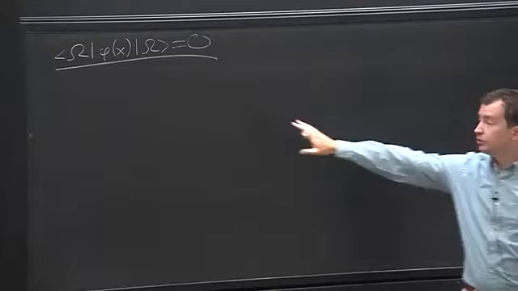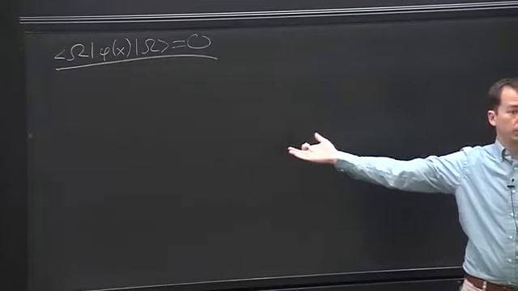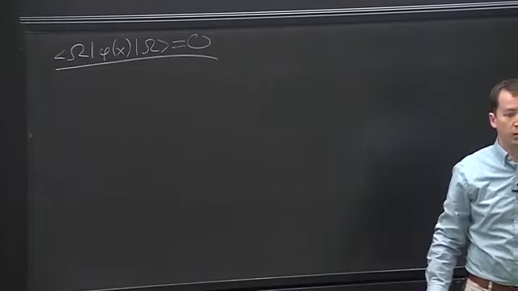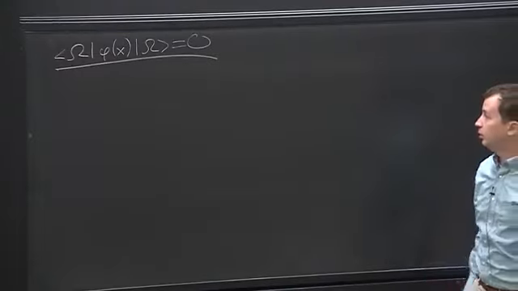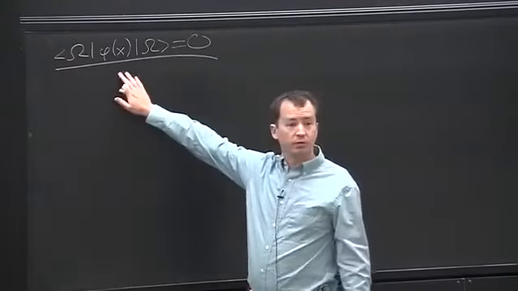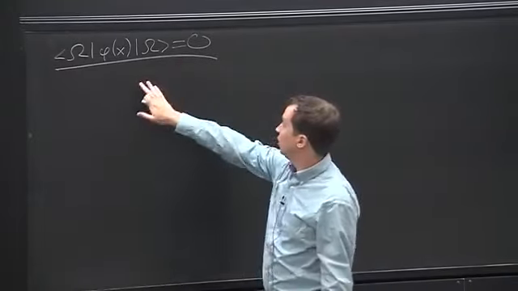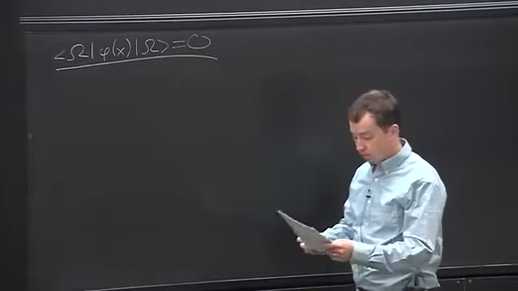And this is something we learned how to compute yesterday using Feynman diagrams. So let's do that and see what the Feynman diagrams can tell us about how this condition works, how we can impose that.